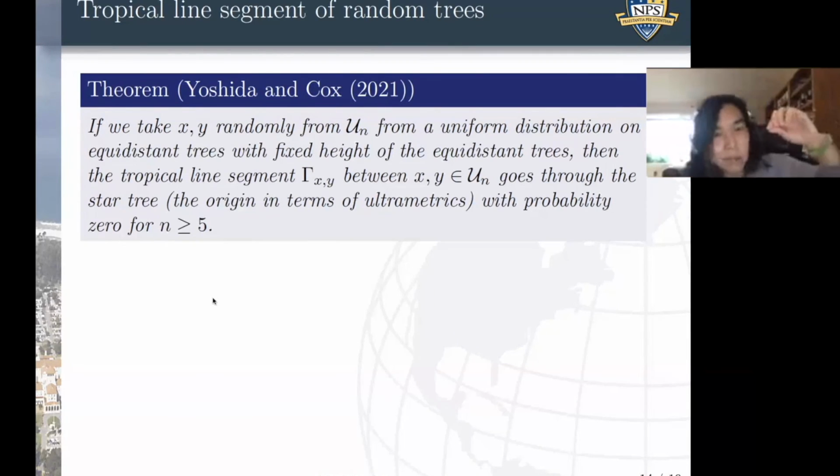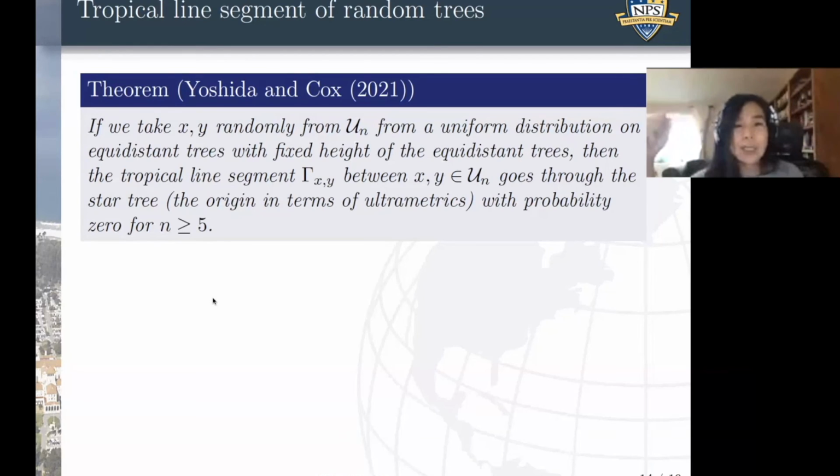But the probability that, when we pick two random trees, the BHB geodesic contains the origin is not equal to 0.